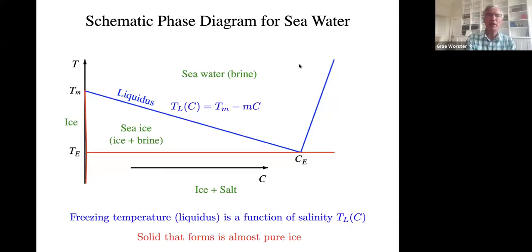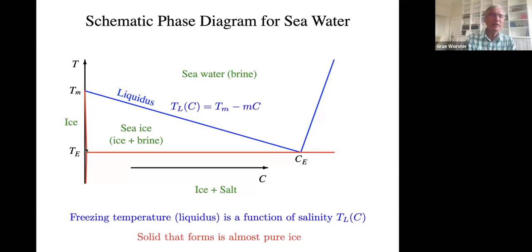The region above this blue curve is liquid, either seawater, salty water, also called brine. Below the red curve, the system is entirely solid. Down here, that solid consists of ice crystals and salt crystals, salt crystals like you would have in your salt shaker, that you might put on your food.